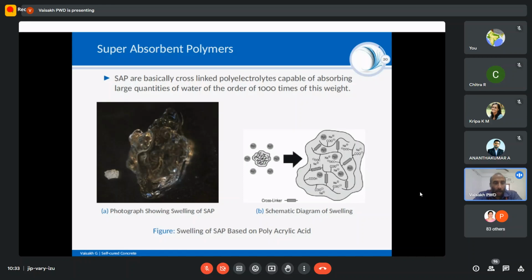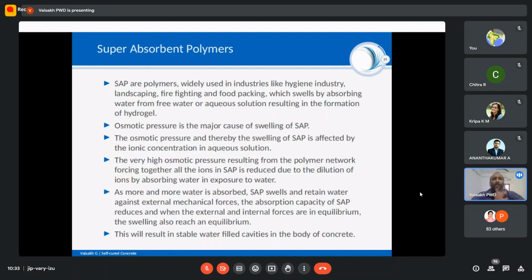So you can see how much quantity of water it can absorb compared to its actual size. The schematic representation is on the right hand side as figure B. This SAP is widely used in the hygiene industry, landscaping, firefighting, food packing, and everywhere.